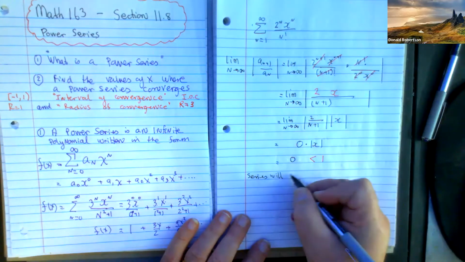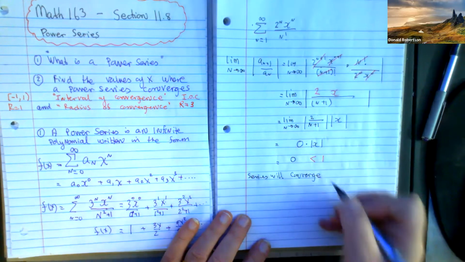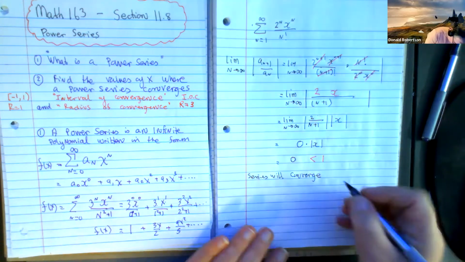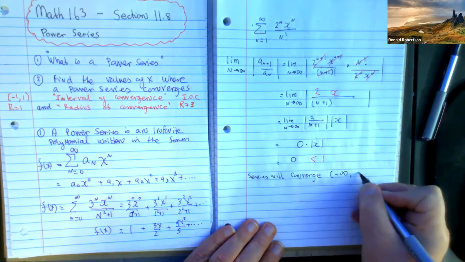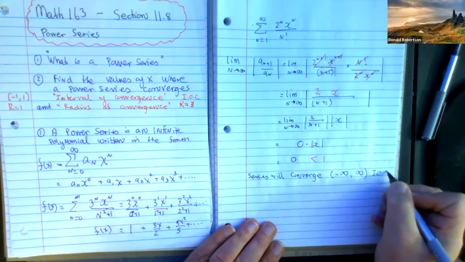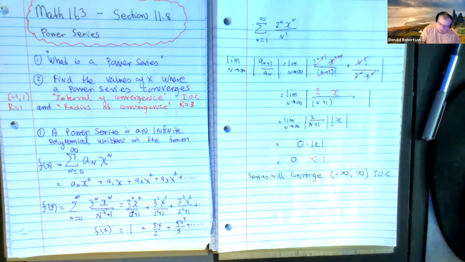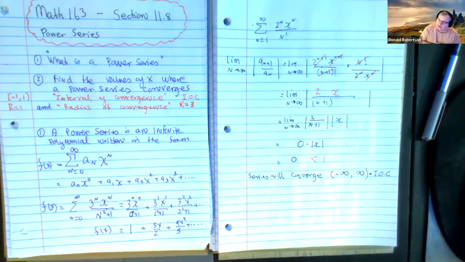Not only will it converge, since it doesn't matter what value of x you use, it's going to converge. It means it will converge for any value of x, minus infinity to infinity. So we now know the interval of convergence. Negative infinity to plus infinity. In other words, every value of x works.